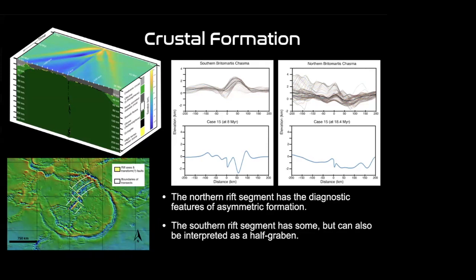When you look at this internal structure, here's that asymmetric spreading case that I was talking about before. It does seem to match with the northern part of Breda Mons. You have this clear asymmetry where one side of the rift axis is sitting a lot deeper than the other. You have that rift axis in the first place. It's a similar degree of width.